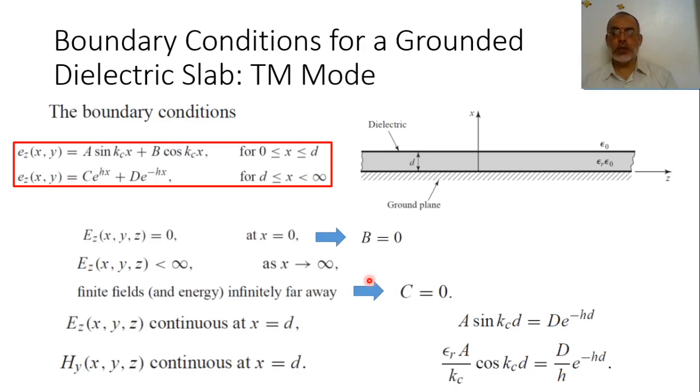The other boundary condition is that here we have an interface between air and dielectric medium. And we know from the boundary condition of the interface between two dielectric media that the tangential electric field should be continuous.